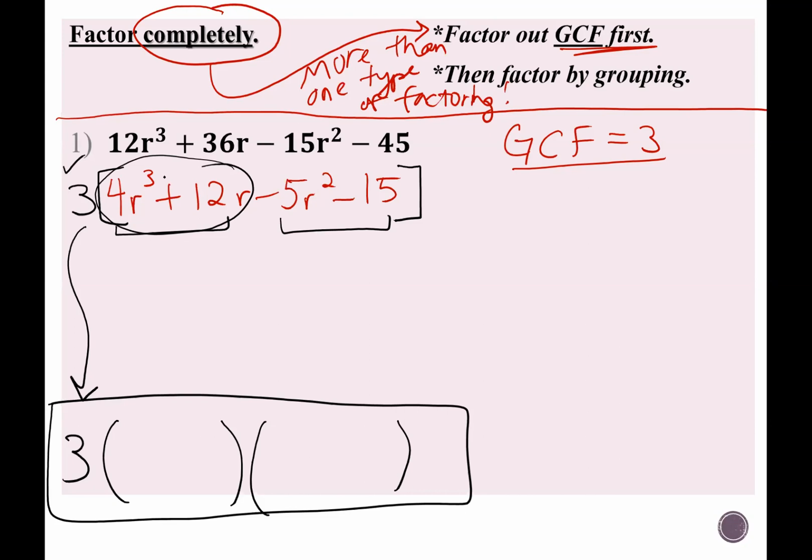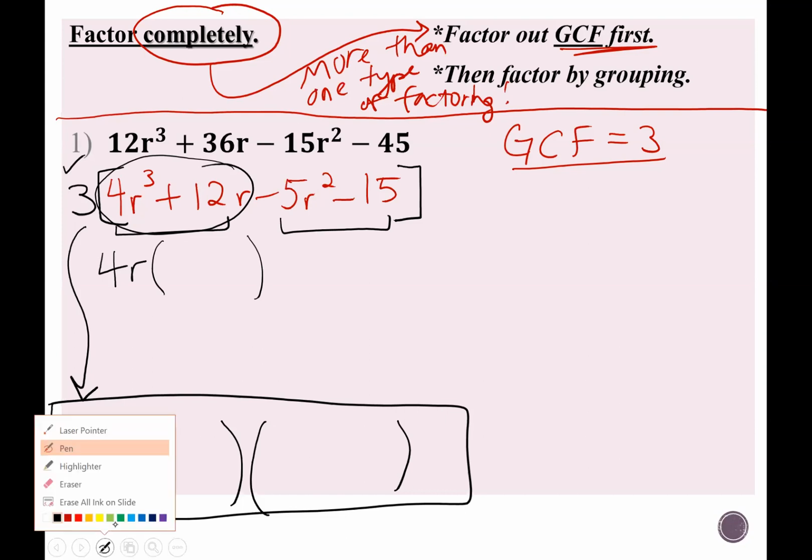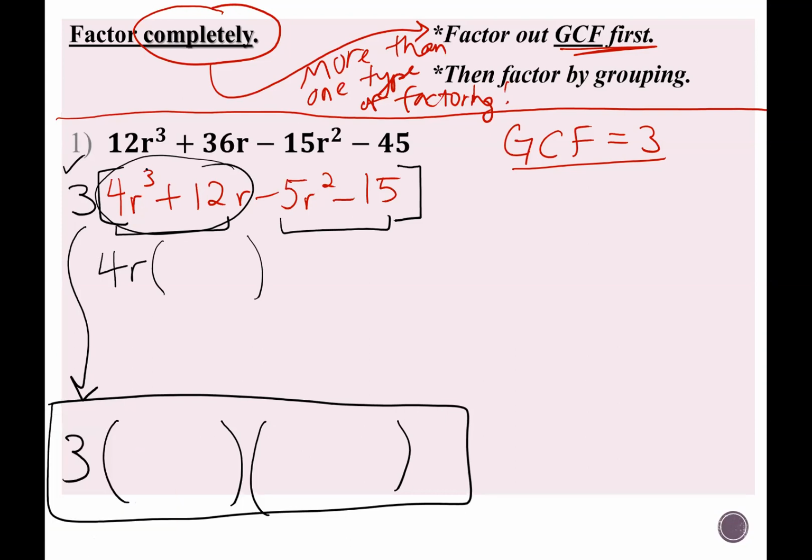Now, these two terms do have something in common. 4 does go into 12, and between the r's, the lowest exponent is just r with the 12. So 4r is our GCF. What's left over now? 4r to the third divided by 4r, that would be 1 and then r squared, right?